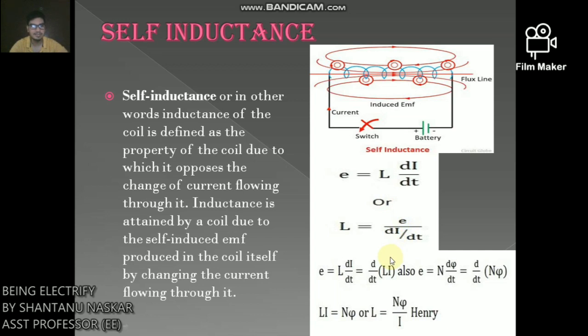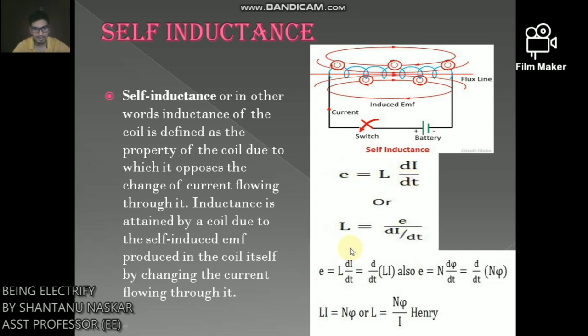You can determine the self-inductance of a coil by the following expression, where E equals L di by dt, or L equals E by di by dt. The expression is used when the magnitude of self-induced EMF E in the coil and the rate of change of current di by dt are known.